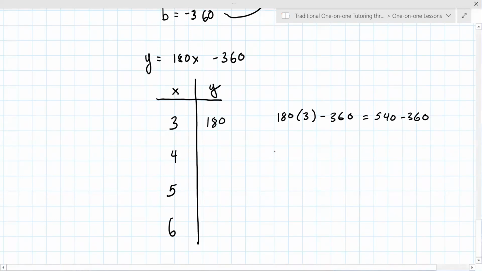So let's do the same thing for the next one. 180 times 4 minus 360. We're using our equation up here, using this x value.